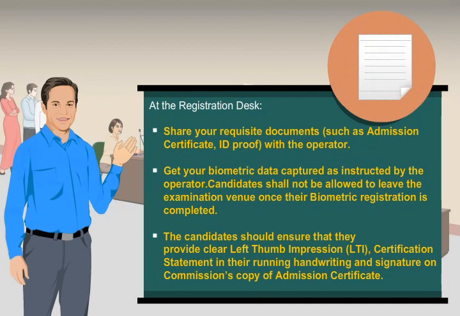Candidates shall not be allowed to leave the examination venue once their biometric registration is completed. The candidates should ensure that they provide clear left thumb impression (LTI) certification statement in their running handwriting and signature on Commission's copy of admission certificate.